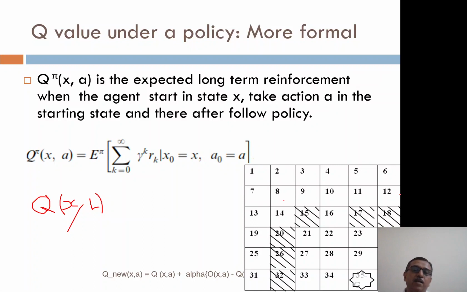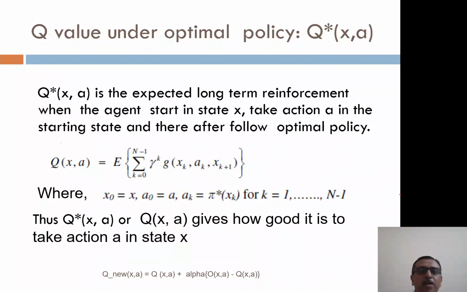So what is Q(x, a)? It is the long-term expected cost if you are in state x, take action a, and thereafter follow the policy pi. More interesting is the optimal Q value, or Q(x, a) without any argument. Q star (x, a) is the expected long-term reinforcement when the agent starts in state x, takes action a in the starting state, and thereafter follows an optimal policy.